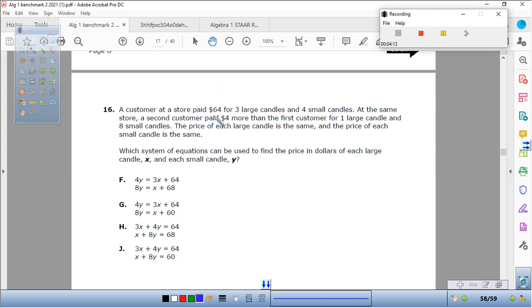A customer at a store paid $60 for large candles and small candles: 3x and 4y. At the same store, another customer paid more than the first customer.